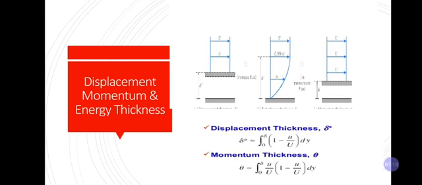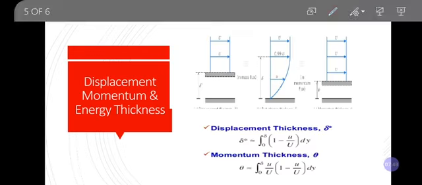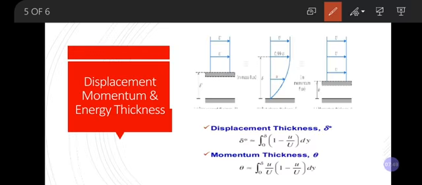Then the second set of definitions related to this are displacement thickness, momentum thickness, and energy thickness. What is displacement thickness? It is defined as the distance measured perpendicular to the boundary by which the main or free stream is displaced on account of formation of the boundary layer.